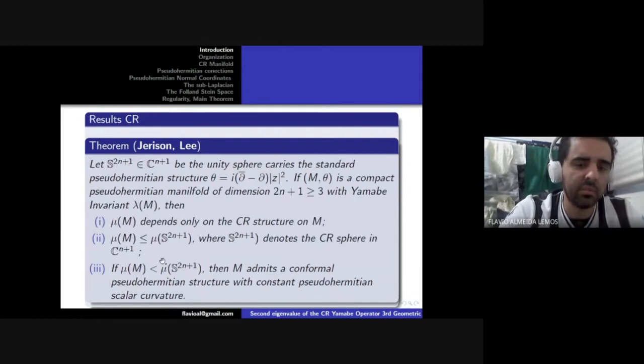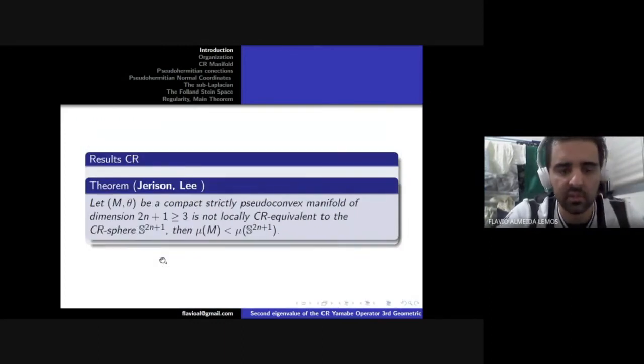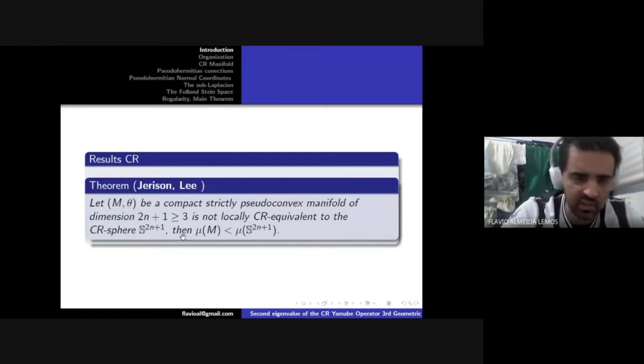It is necessary to prove this. Let M be a compact, strictly pseudo-convex manifold of dimension satisfying this inequality, and not locally CR equivalent to the sphere.